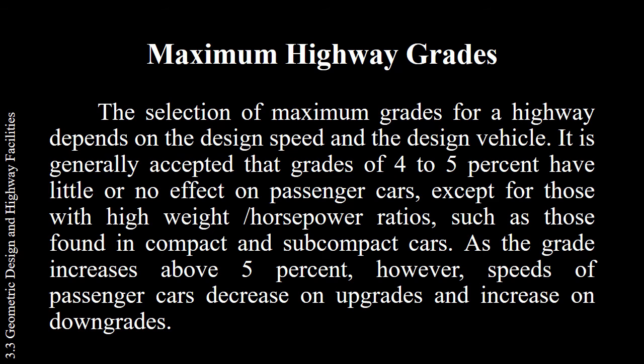As the grade increases above 5%, however, speeds of passenger cars decrease on upgrades and increase on downgrades. So if the highway is increasing in slope, therefore the speed of the vehicle decreases.